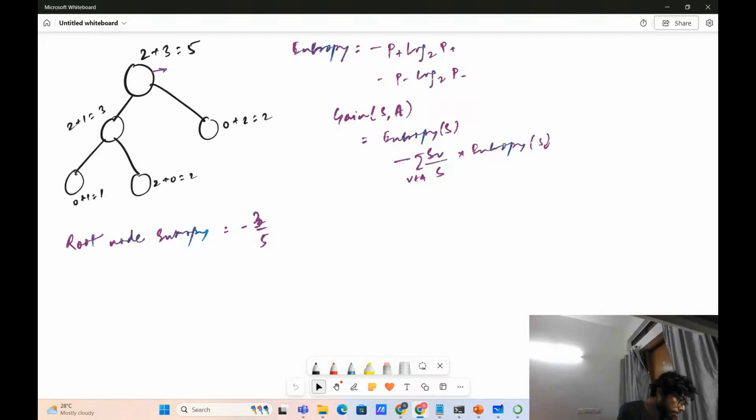This is the number of samples where we have one value. This is the number of samples where we have zero value. So 3 by 5 times log base 2 of 3 by 5, minus, this is the number of negatives, P minus, log 2 of 2 by 5. You use a calculator, calculate this value, this will come out to be 0.97.